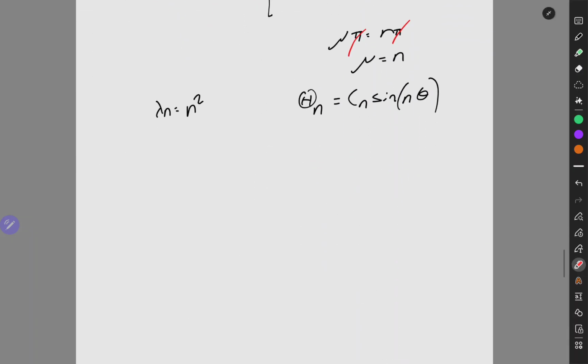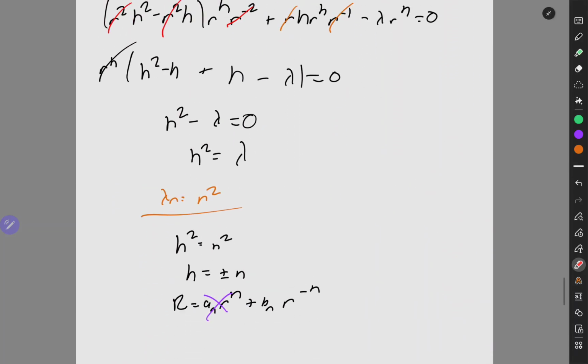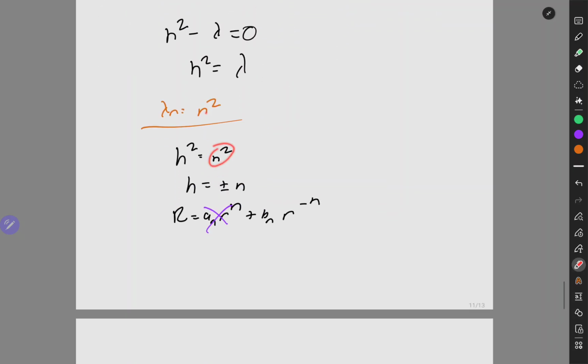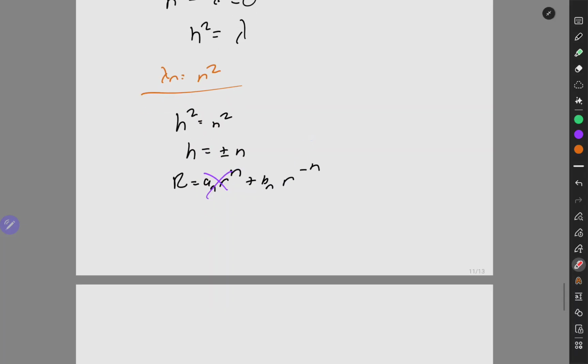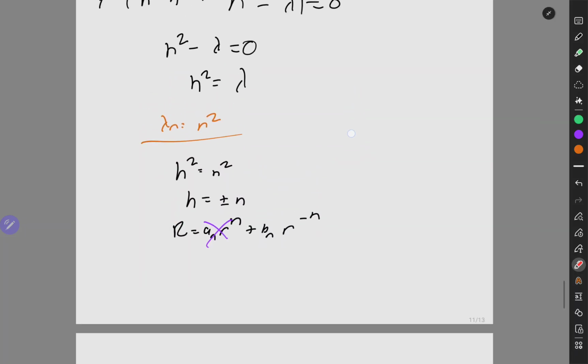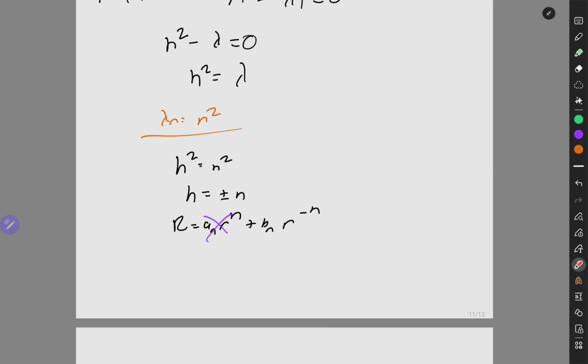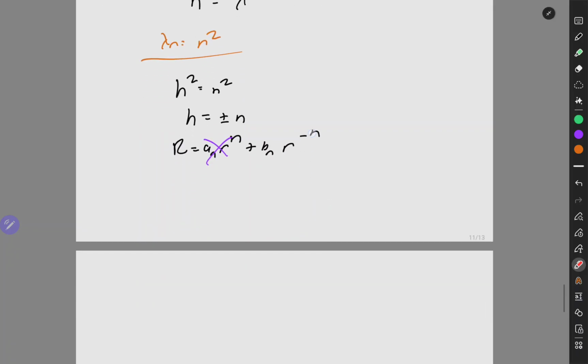Wow, it works the same as before. This is the case that we have here. This and this, right? So we know if this is equal to this, then h squared is equal to n squared. So if we take the square root, we're left with this. So then r can be rewritten as this. This is the general solution for an Euler equation.